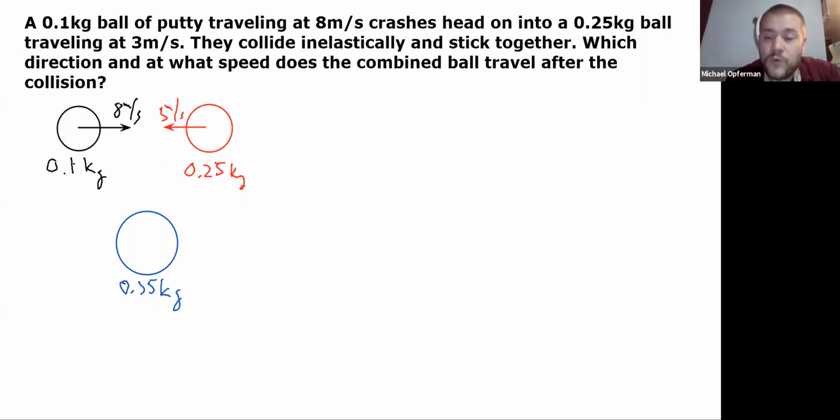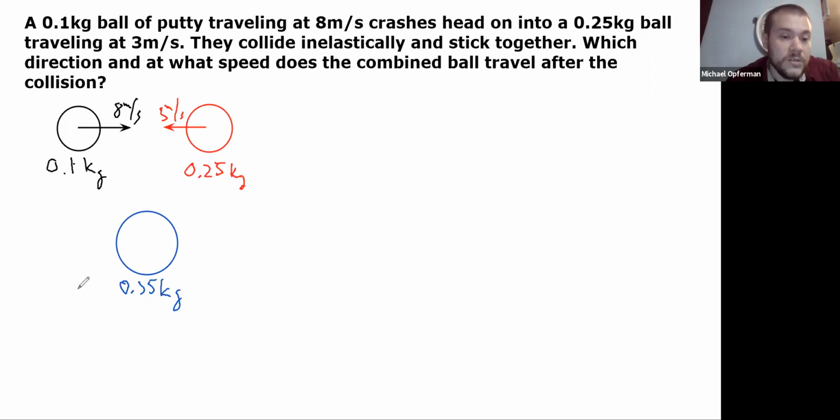When that happens, it's totally fine if you don't know the final state. You just need to make a reasonable guess. And it's one of those cases where the math will correct you if you're wrong. So just make a guess, stick with it for the entire problem. If you get a negative speed, it means that your velocity is in the wrong direction.